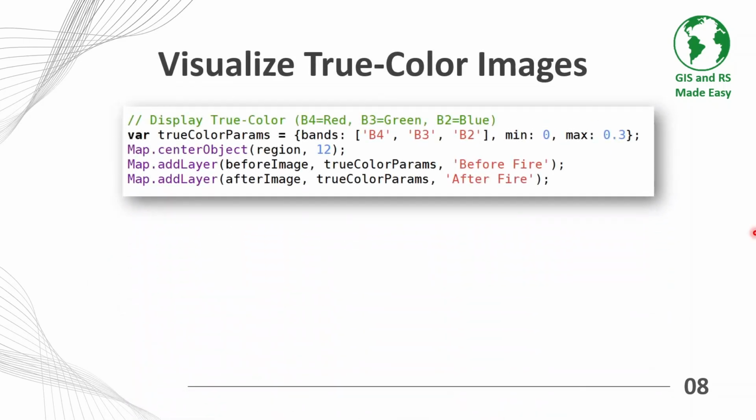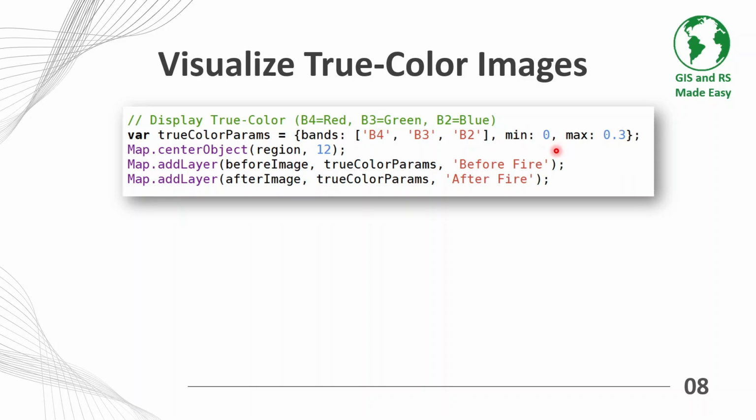Now it is time to visualize our true color image. Sentinel-2 has 13 spectral bands, but for a true color image we need to define the red, green and blue. B4 is red, B3 is green and B2 is blue band. Since we have divided the values by 10,000, it will be between 0 and 1.